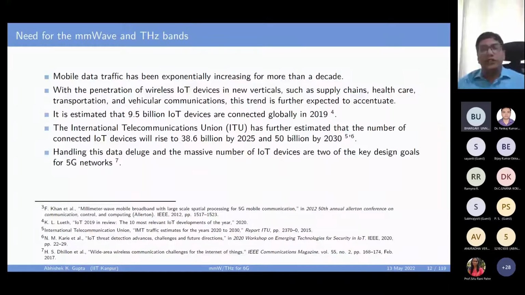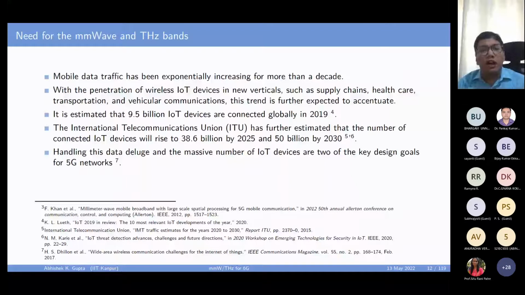This is a standard thing which we all know: when we have these new IoT devices and a variety of applications such as supply chains, healthcare, transportation, and vehicle communication, we can expect data traffic demand to increase even more.